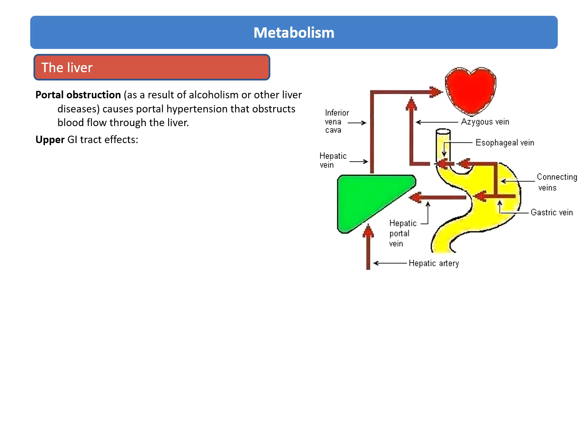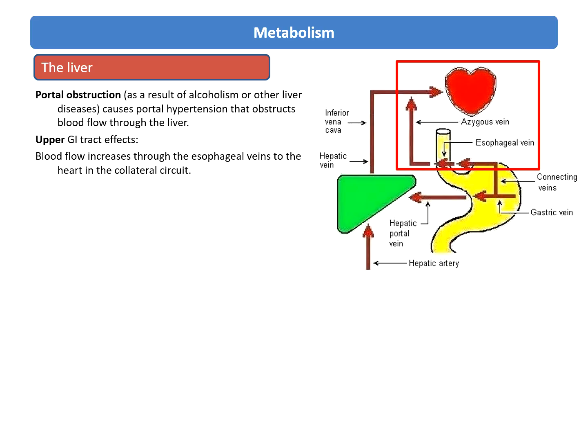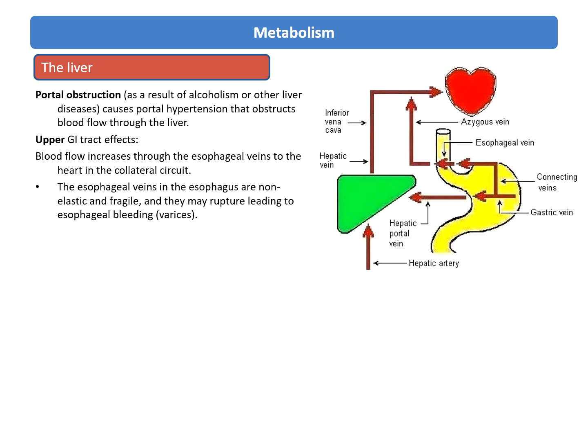From the upper GI, the blood will flow through the esophageal veins to the heart in the collateral circuit we mentioned. The esophageal veins in the base of the esophagus are non-elastic and fragile, and they may rupture, leading to esophageal varices, bleeding. It's a possible life-threatening condition because you can't just put a Band-Aid on it.